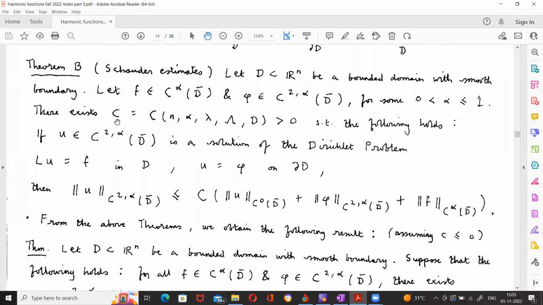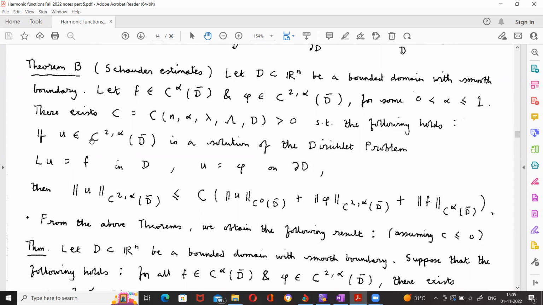Then there exists a constant C, which only depends on the dimension n, the exponent alpha, the ellipticity constant lambda, the Holder norms of the coefficients, capital Lambda, and the domain D, such that the following holds.